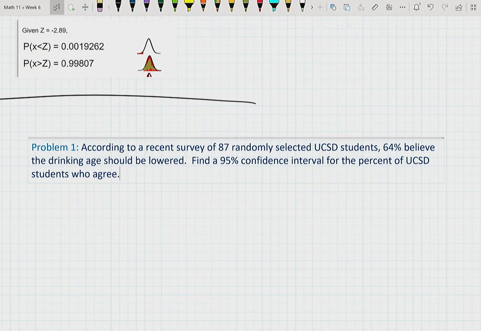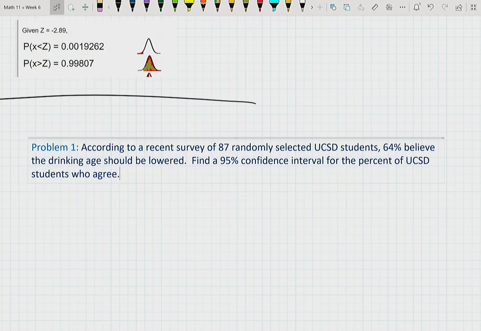It so happens that those 87 students were from this class, but I'm going to make the assumption that this class forms a representative sample of all UCSD students.